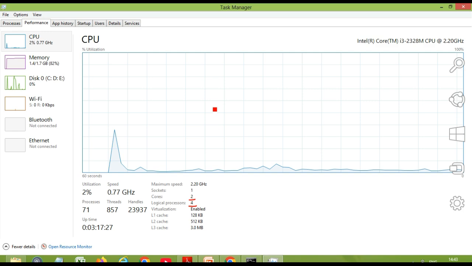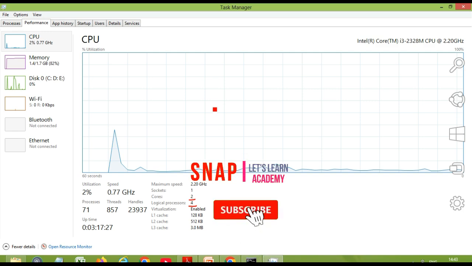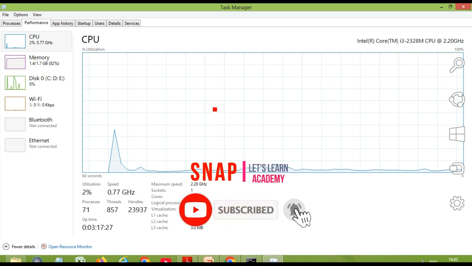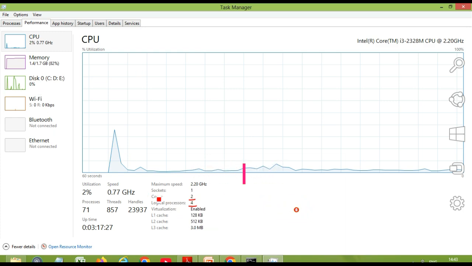Meaning the CPU has 2 physical cores, each with its own processing unit, and we have 4 logical processors. Hyper-threading enables each core to appear as 2 logical processors to the operating system.